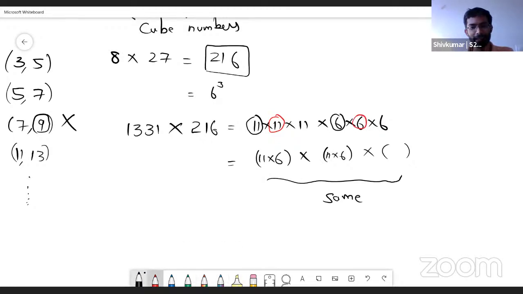And I can take the next 11 and 6 and put it in the third basket. So this is nothing but 11 into 6, the whole cube, the law of exponent that you're mentioning. So basically this law of exponent follows from this beautiful property of associativity and commutativity of multiplication.